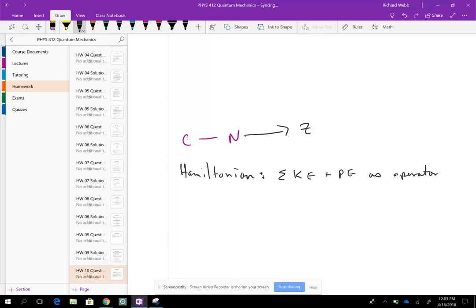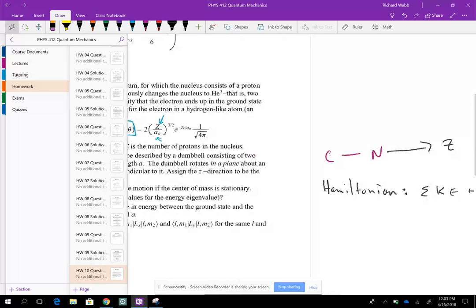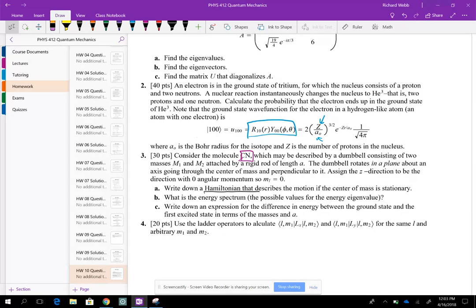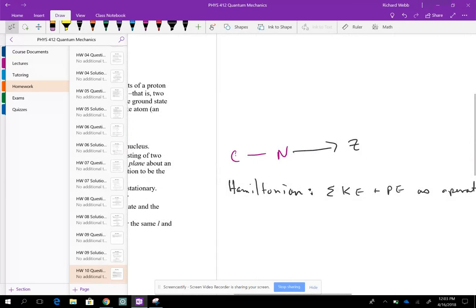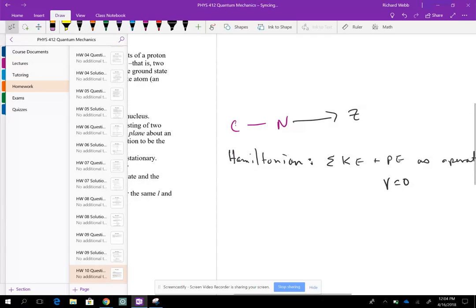Yeah, it's going to return that when it operates on the wave function. Well, for this case here, we're treating it as a rigid bar. It may be described by a dumbbell. And so if we're describing it as a dumbbell, we're going to say that potential energy is 0. So that's going to make your life a lot easier. Potential energy is 0.